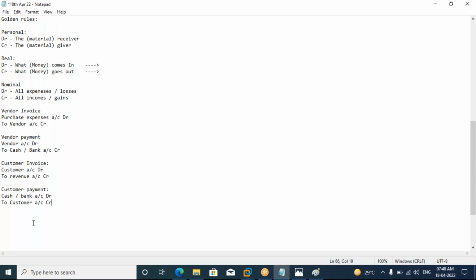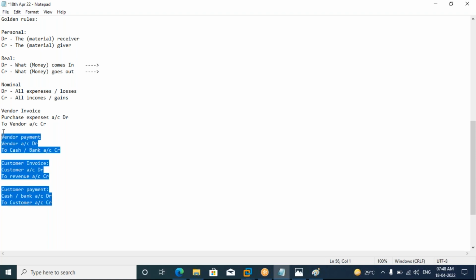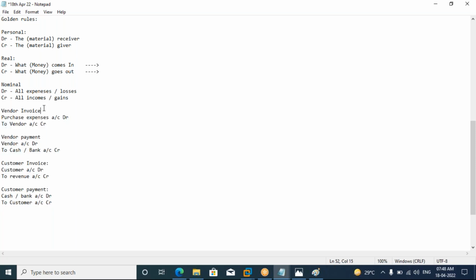A very simple four transactions you need to understand: vendor invoice, vendor payment, customer invoice, customer payment. During invoice you need to remember the material giver or receiver. If it is a receiver, the material receiver, you can do debit. If it is a giver, it is credit.